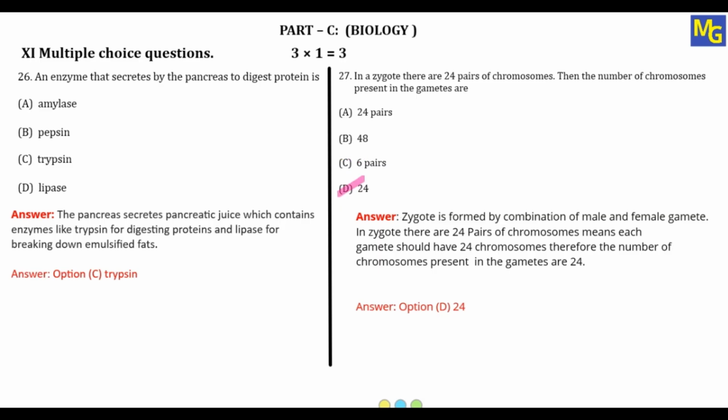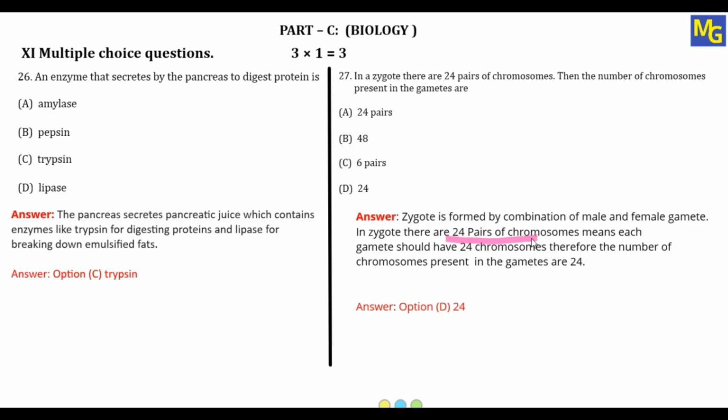So as we know, zygote is formed by the combination of male and female gamete. So zygote is nothing but a cell which is formed by the combination of male and female gamete. And in this zygote, according to the question, it has 24 pairs of chromosomes. Means it has got 24 chromosomes from male and 24 chromosomes from female, and both together after combining it became 24 pairs.